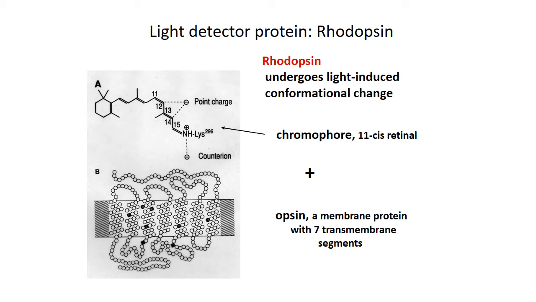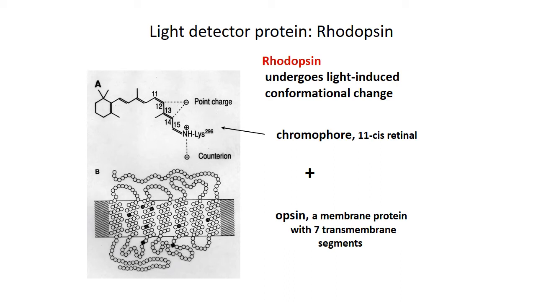We know a fair amount about the photopigment that's found in rods. This photopigment is called rhodopsin, and as you can see in this figure, rhodopsin has a chromophore, in this case 11-cis retinal, that's covalently bound to a lysine residue in the opsin, the protein part.